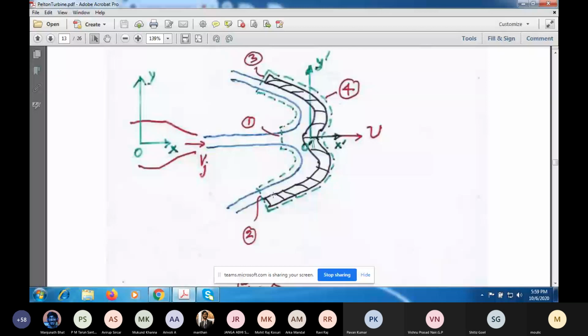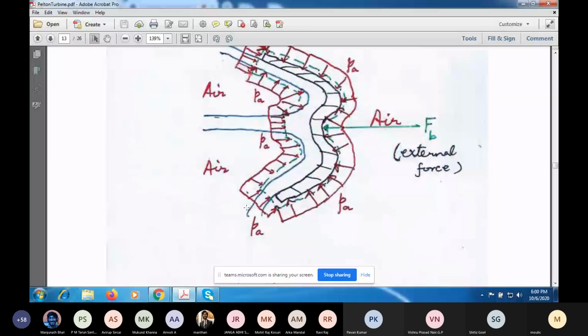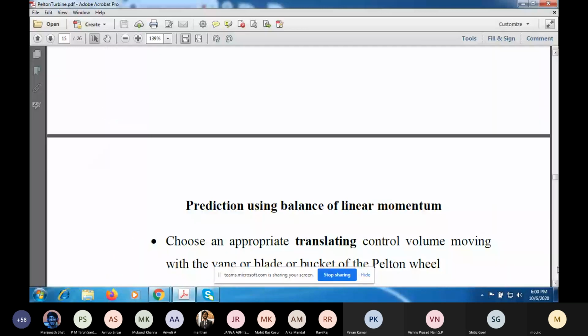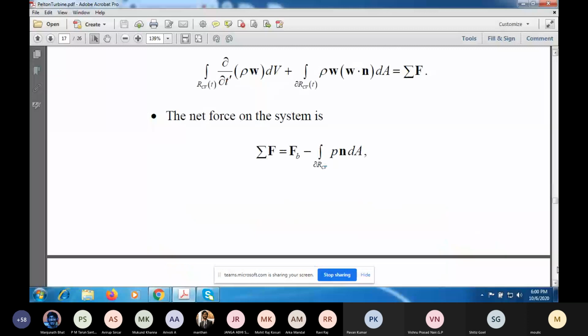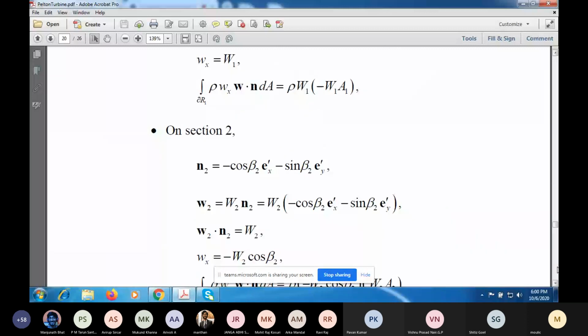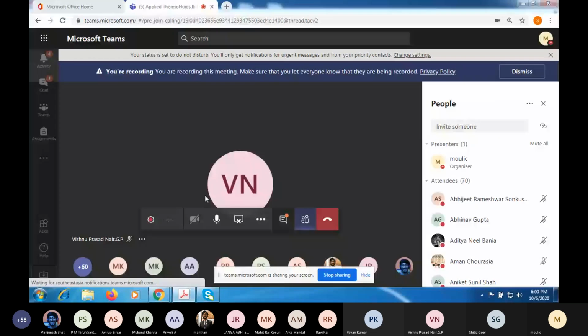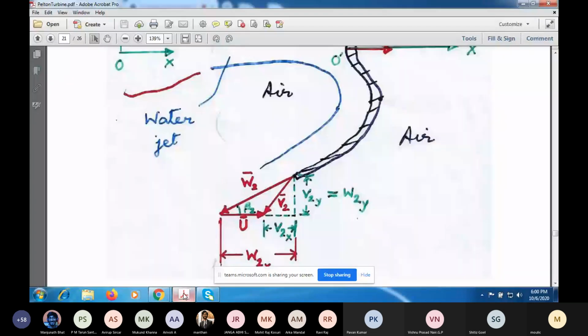And we are assuming that at the exit also it remains tangent. But at the exit sometimes it may not exactly remain tangent because on the other side of the exit there is no solid. But we usually make the assumption that the velocity triangle is such that the relative velocity vector is tangent to the surface.